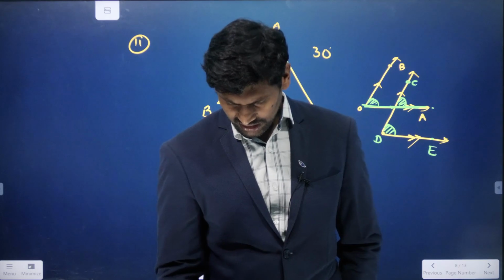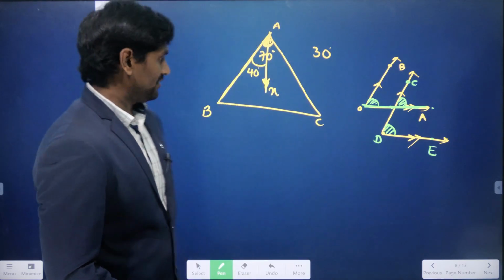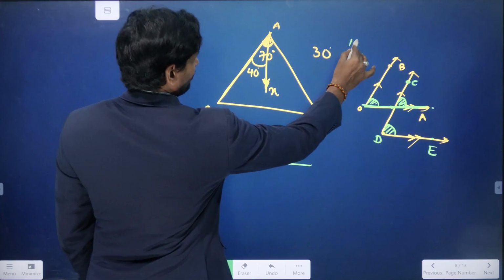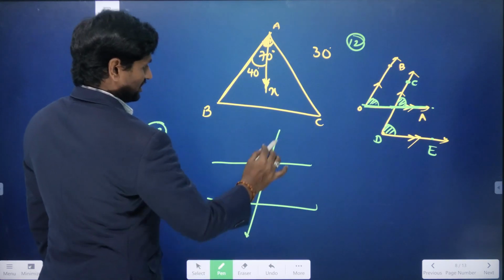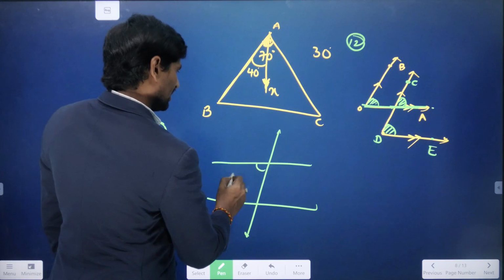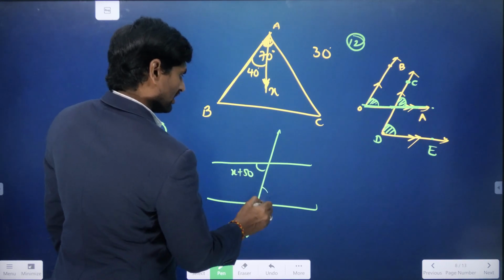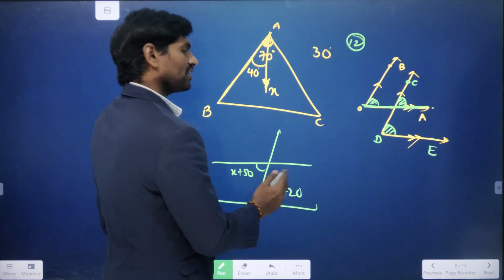Let us consider the 13th problem. Diagram is given. From the diagram we can say this is the 12th one. Now the 13th one. From the diagram it is given that these two are parallel lines and one of the angles is x plus 50 and the second angle is y minus 20. But let us discuss what the two angles are.